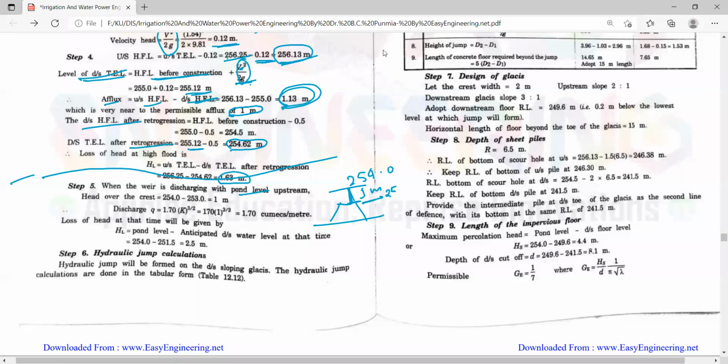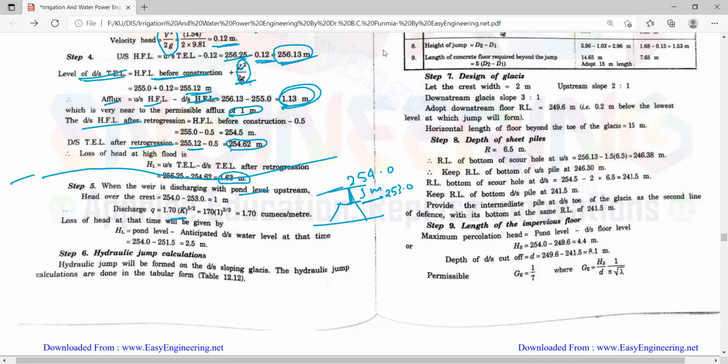Now what we need to do is calculate the discharge at the pond level. So how do we calculate discharge? Discharge Q will be 1.70 K to the power of 3/2. So this is the formula. In this case, K value will be 1 meter.